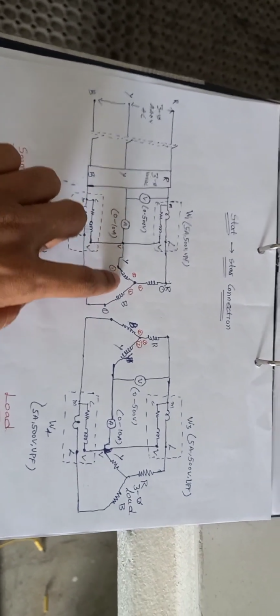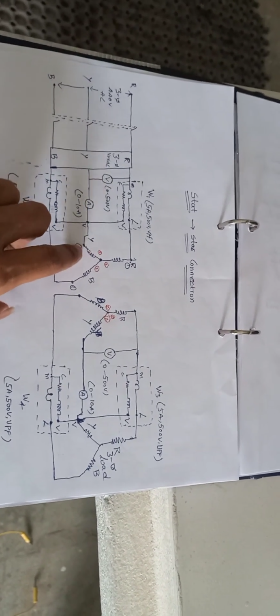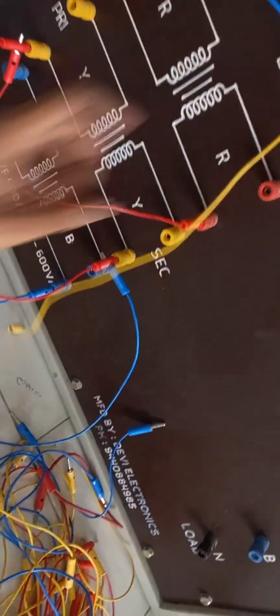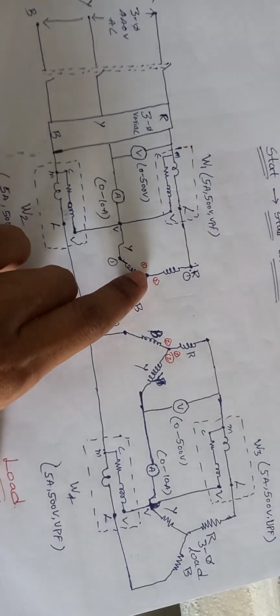Then the ammeter's second terminal is going to connect to Y of the star connection. The ammeter's second terminal is connected to Y of the first terminal. You remember, this is the first terminal and this is the second terminal of the star connection.